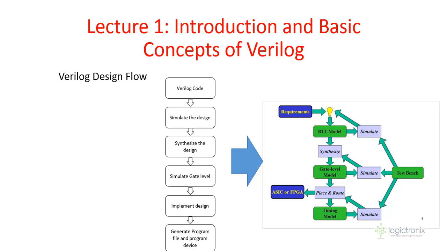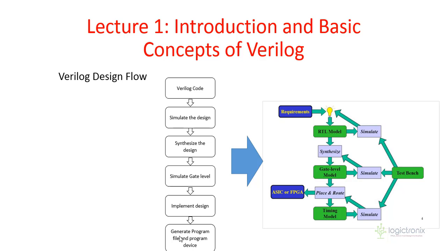Another part is implement design. Implementing the design is like mapping and planning the logical design, or Verilog design, with the hardware constraints. The hardware needs to be mapped with the logic or program. The implementation phase does most of that job, and after the implementation completes, we can go for generating the programming file and programming the device.